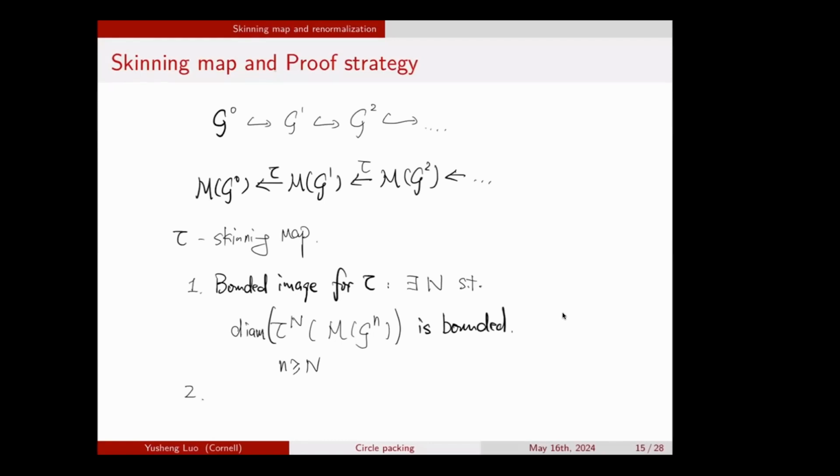And because we have this bounded image, we prove that this contraction is uniform. So there exists some delta, so that the derivative of the nth iterate of this skinny map is going to be delta to the n, basically.